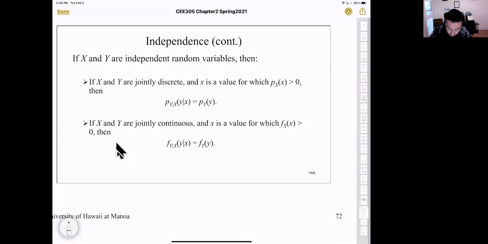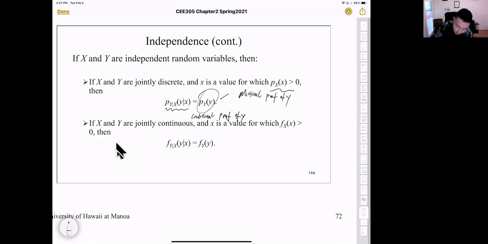If it's discrete variables, and if the marginal function is larger than 0, then the conditional probability mass function of y is equal to the marginal PMF of y.